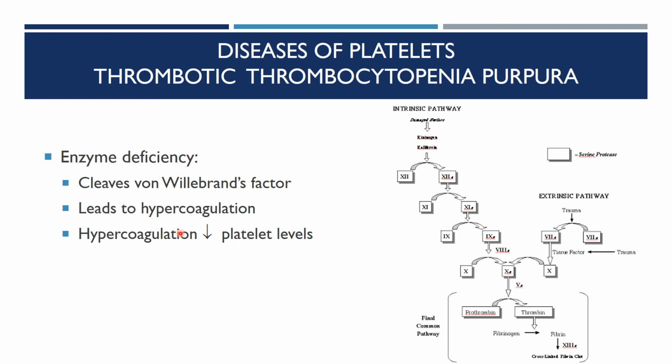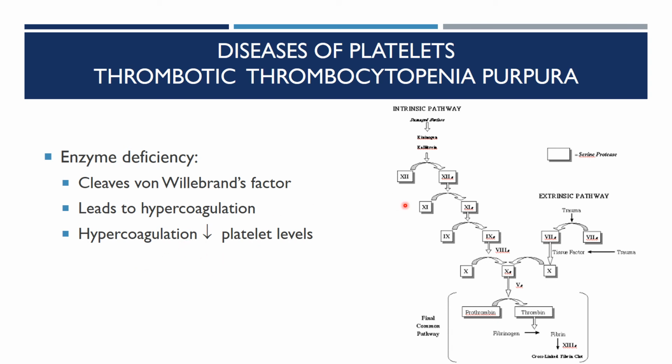So this condition can lead to a hypercoagulability. Now you have an increased risk to form clots in circulation. Since von Willebrand factor is doing such a good job, it's actually decreasing the circulating platelet levels as a result.